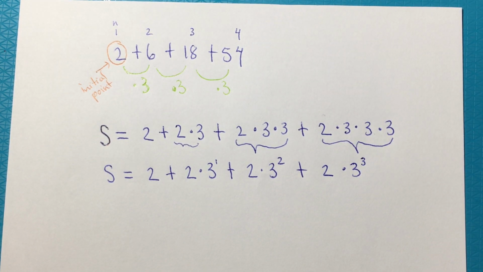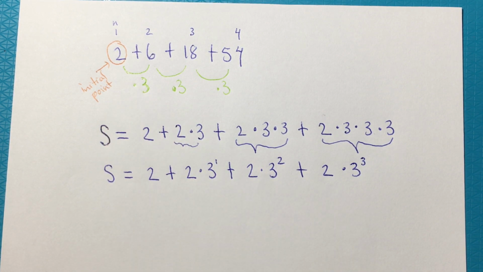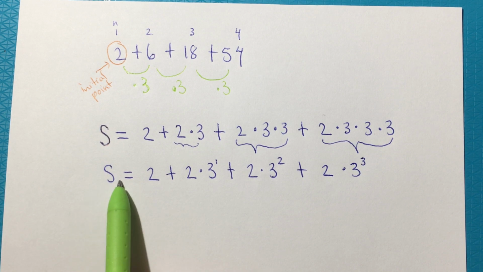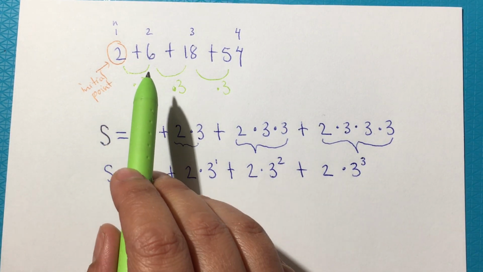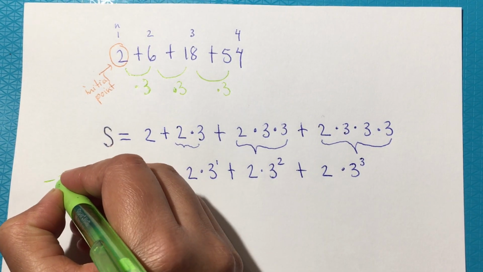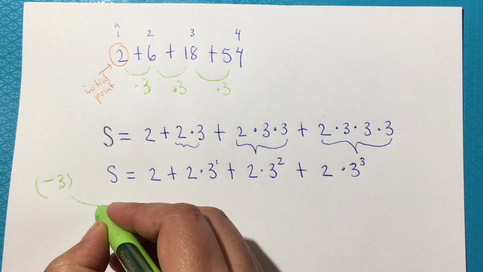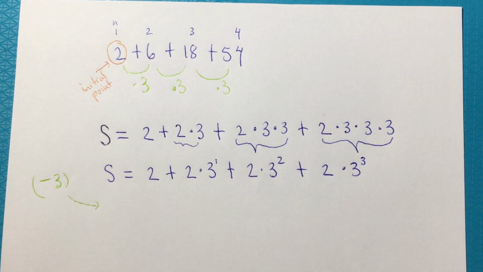The next thing that I'm going to do is to get the ratio. And I'm going to multiply this entire thing by the negative of that ratio. Negative 3 in this case. And I'm going to get a new equation.